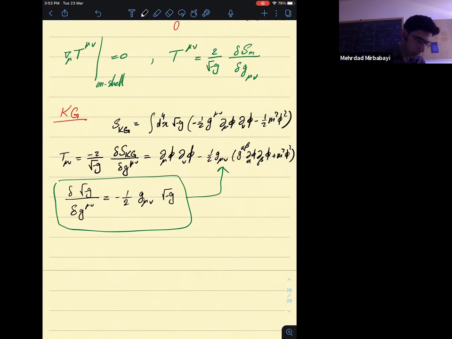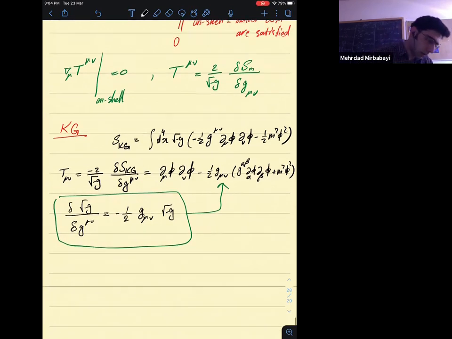So what we have learned is that we construct the general covariant action, then there is an alternative way of deriving the generally symmetric, covariantly conserved energy momentum tensor, and that is by varying this general covariant action with respect to the metric, like we did here.